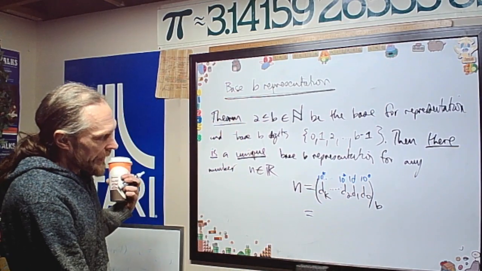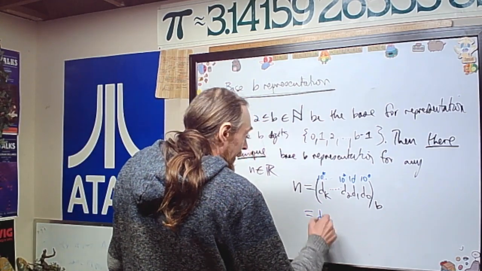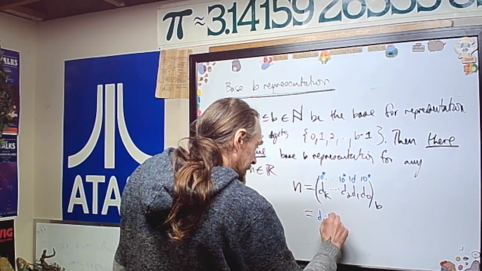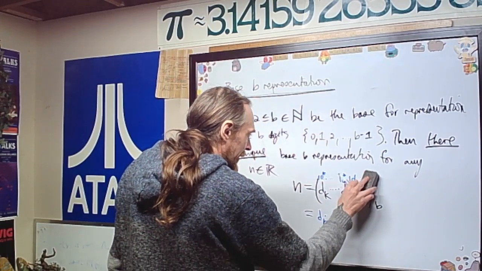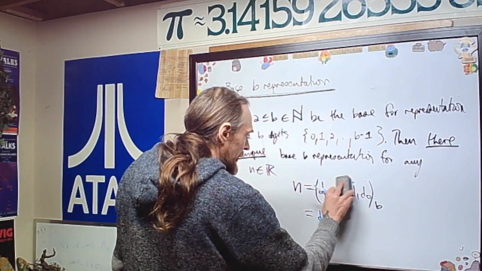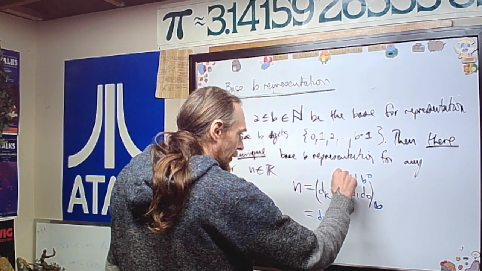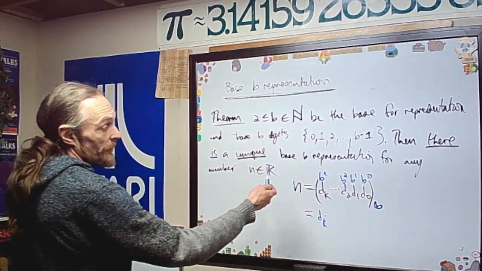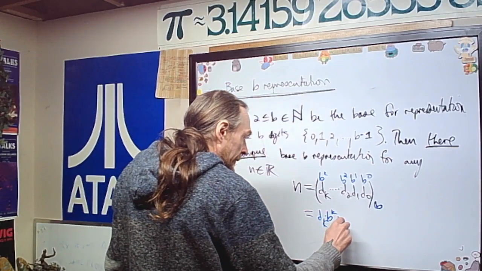So this is the shorthand notation for saying that this is dk, one of these digits, times 10, and in this case, because we're using base b, this will be b to the 0, b to the 1, b to the 2, up to b to the k. So we take powers of the base, and then we multiply them by the base b digits.